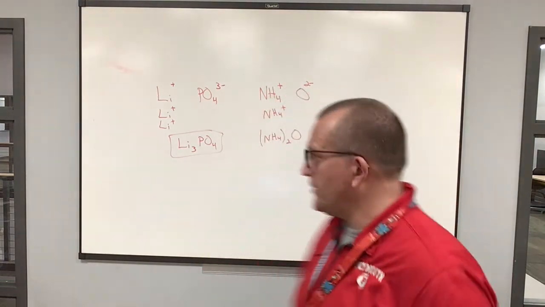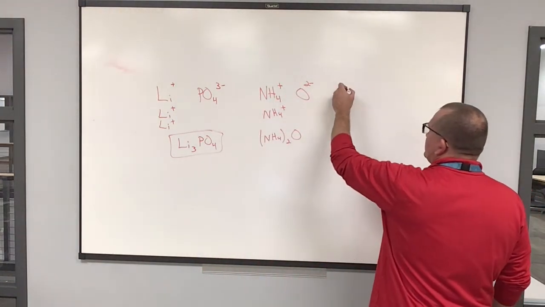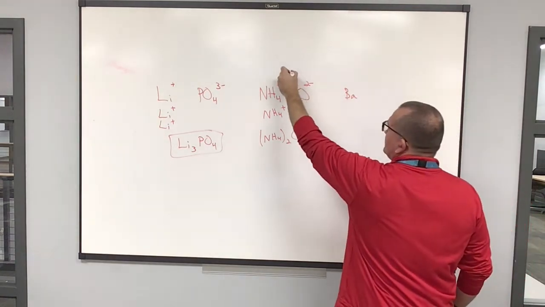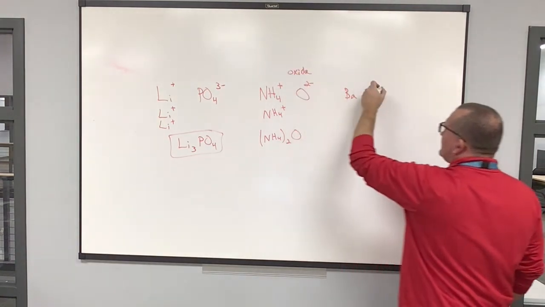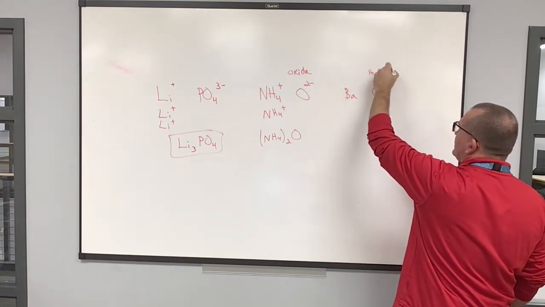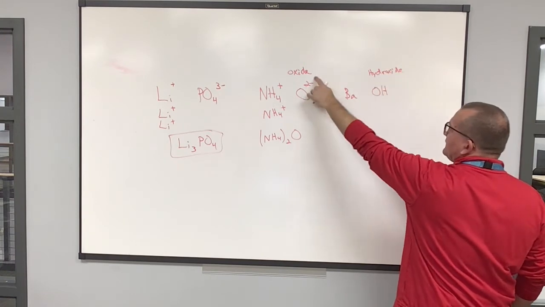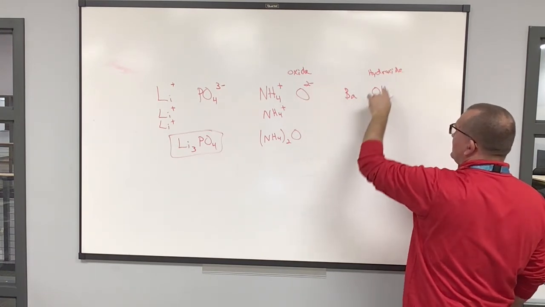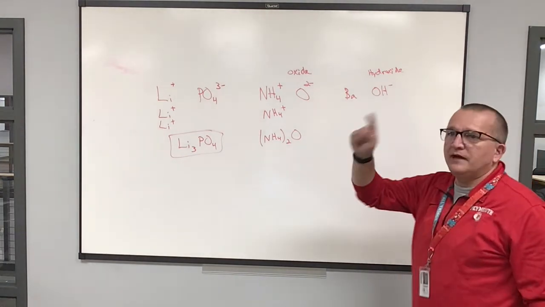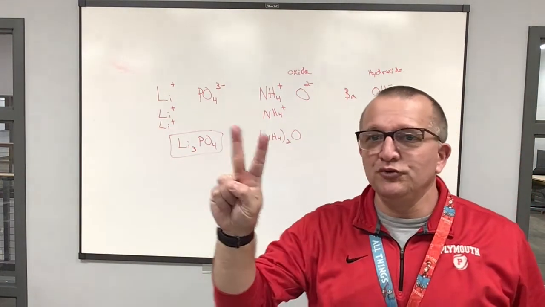C, barium hydroxide. So barium hydroxide is Ba. Hydroxide is different from oxide. Hydroxide is OH, and it's polyatomic. So oxide, monatomic. Hydroxide, polyatomic. Okay, and it's a -1 charge. Barium, I look at the periodic table, +2, it's in group 2.